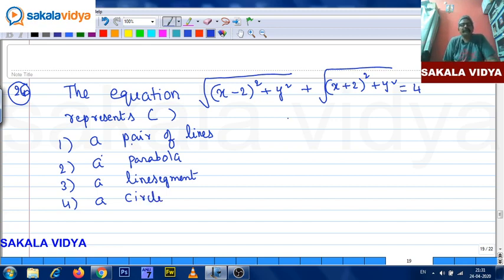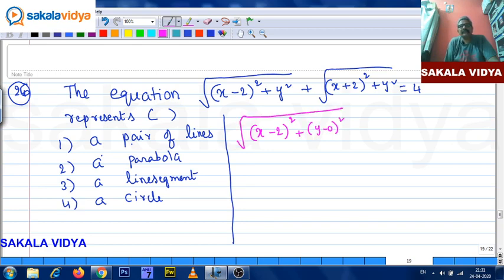So now it appears to be like this. First, let us write this one as (x minus 2) whole square plus (y minus 0) whole square. This is nothing but the distance between (x,y) to the point (2,0). This can be written (x minus of minus 2) whole square plus (y minus 0) whole square equal to 4.